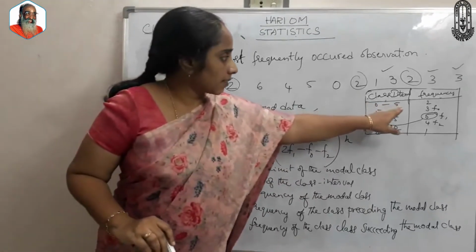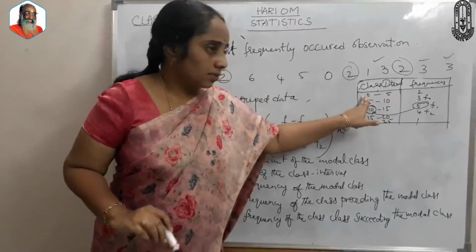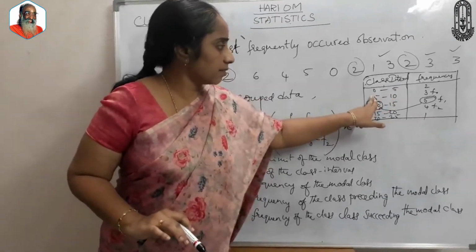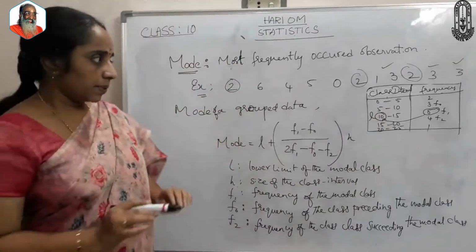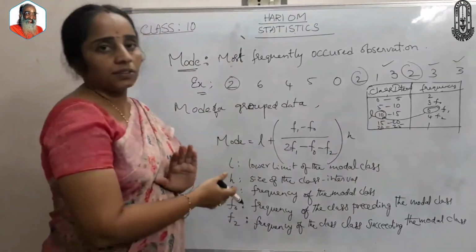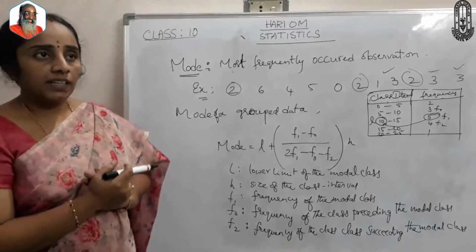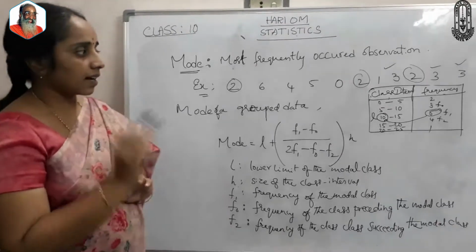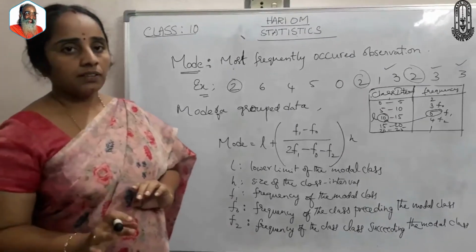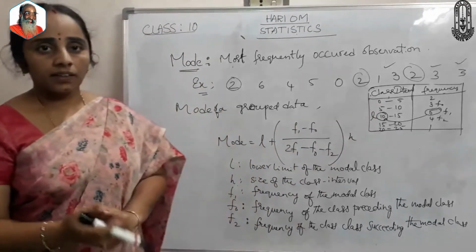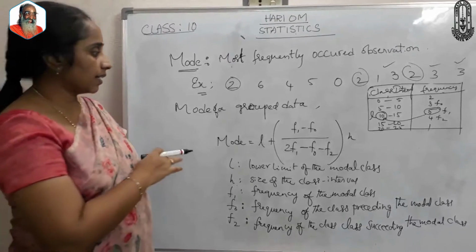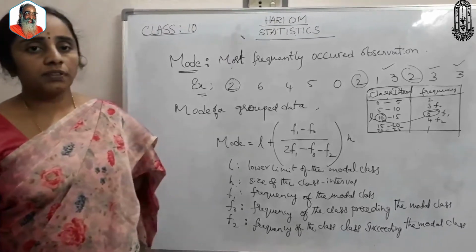Here the class interval is 5 minus 0, 5; 10 minus 5, 5; 15 minus 10, 5. Particularly while calculating mode, the class interval should be the same throughout the data. Then only is it possible to calculate mode of grouped data.